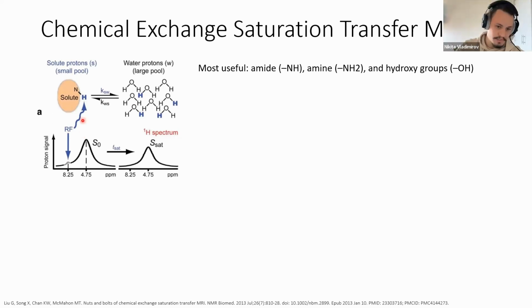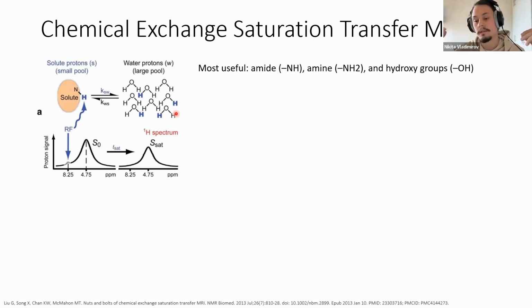For example, here you can see we irradiate at the frequency 8.25. After that, this proton exchanges its saturation to the water. And when it transfers its saturation to the water, it becomes unsaturated again. After that it is saturated again and transfers to another water hydrogen proton, and it repeats over and over again.